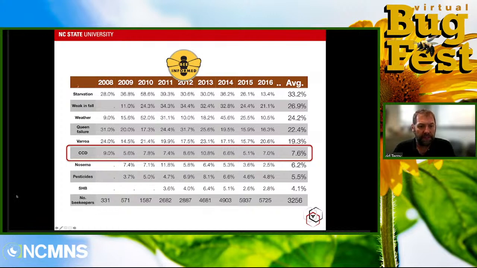Most of the reasons why colonies seem to not be doing well and dying off are known and explained causes. Things like they don't have enough forage and they don't have enough food to make it through the winter, or parasites and other problems. And so colony collapse disorder has always been a minority issue for honeybee colonies.